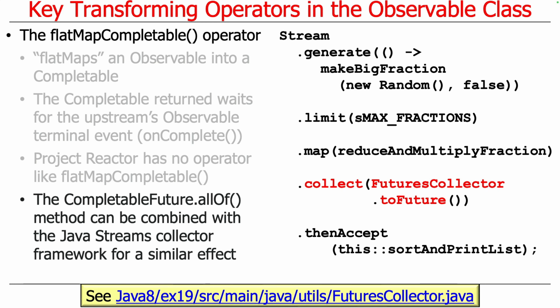So this is an example of the futures collector where we generate a bunch of big fractions, limit them to a certain amount, reduce and multiply them asynchronously, and then we collect the results into a single CompletableFuture. And when that triggers, when all the other asynchronous computations are done, then the sortAndPrintList call is invoked. So very similar idea, just slightly different semantics and syntax between CompletableFutures and reactive stream implementations.